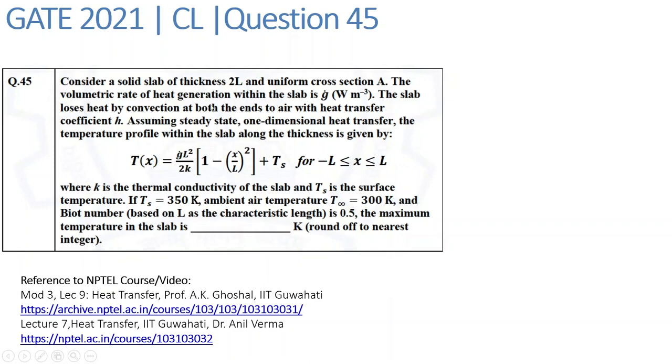The slab loses heat by convection at both ends to air with heat transfer coefficient H. Assuming steady state one-dimensional heat transfer, the temperature profile within the slab along the thickness is given by this equation, where K is the thermal conductivity of the slab and Ts is the surface temperature. If Ts equals 350 Kelvin, ambient air T infinity equals 300 Kelvin, and the Biot number is 0.5 based on L as the characteristic length, the maximum temperature in the slab is dash Kelvin, round off to the nearest integer.